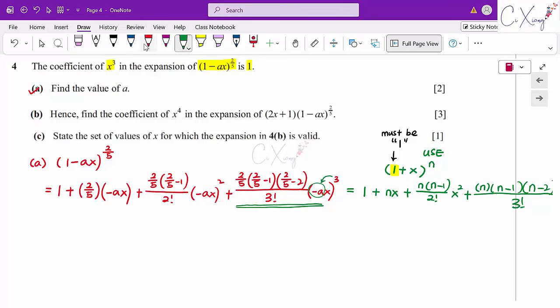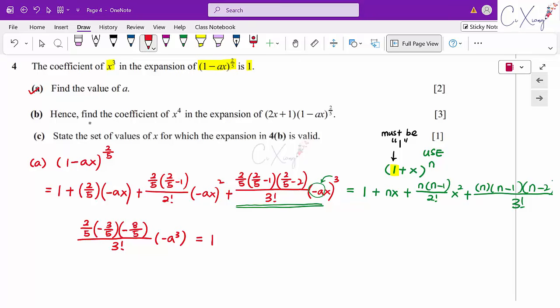Okay, alright, so if I rewrite it again, then basically you will know that the coefficient is 2 over 5. 2 over 5 minus 1 is negative 3 over 5. 2 over 5 minus 2 is negative 8 over 5, divided by 3 factorial, multiply with negative a power 3. This whole coefficient here should be equal to 1 because it is the coefficient of x power 3, right?